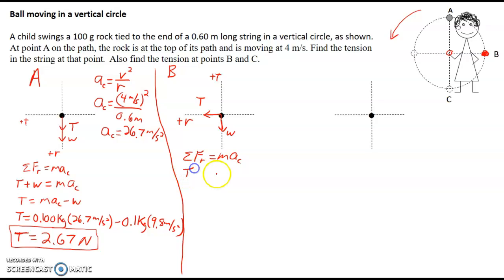And so it's going to be T, and that's it. T is in the positive R direction. There's nothing here in the negative R direction. Weight's in the negative t direction, so that doesn't matter. So that equals ma sub c. So tension equals 0.1 kilograms times 26.7 meters per second squared.